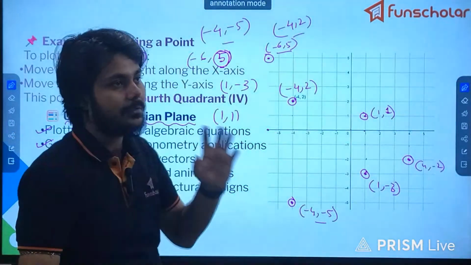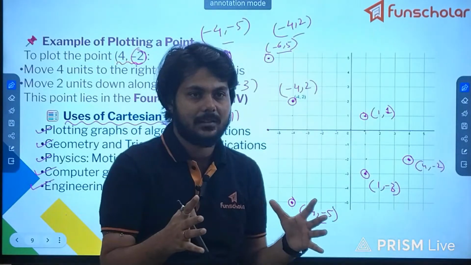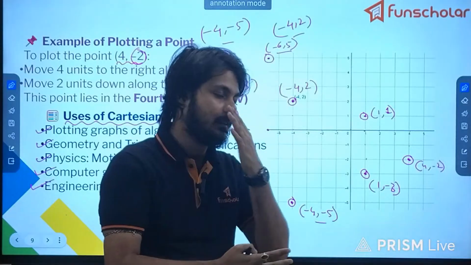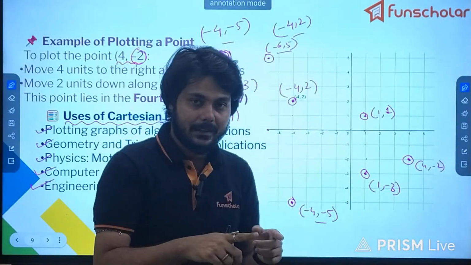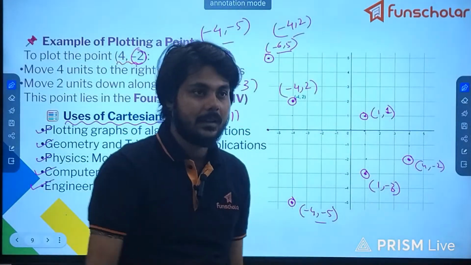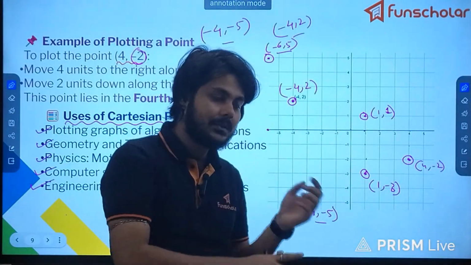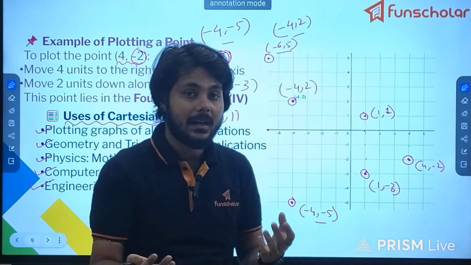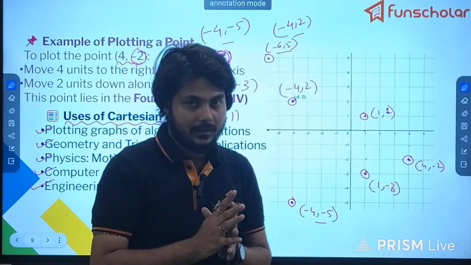Suppose the blueprint of a particular architecture or a construction that is going to be built. In that blueprint you can definitely see the graphs. With the help of these graphs, the architects or engineers decide the measurements.